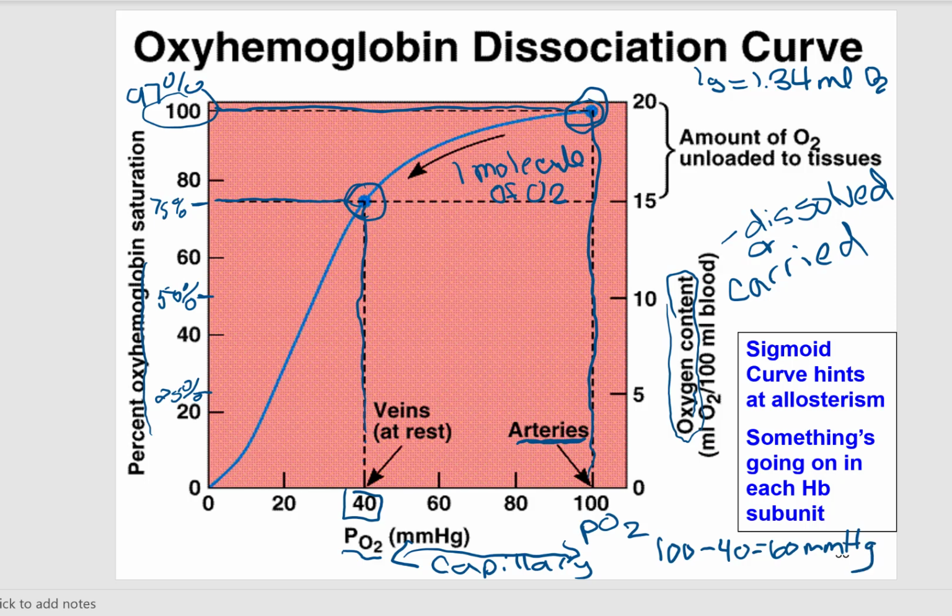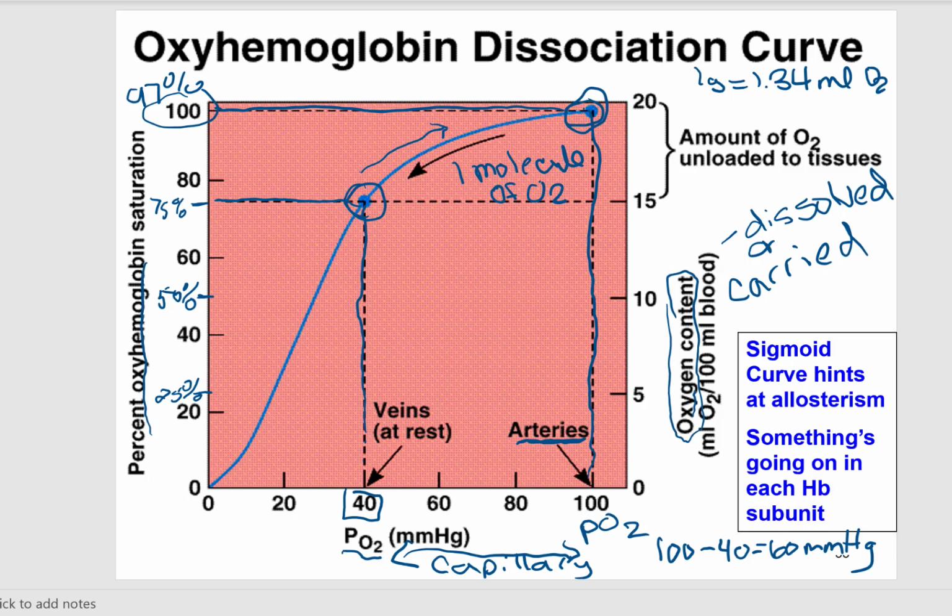Similarly, we can go in the other direction. When a red blood cell is traveling through the pulmonary vein on its way to a pulmonary capillary for gas exchange, it would take a 60 millimeters of mercury pressure change going in the other direction. This is called loading in the lung capillaries.